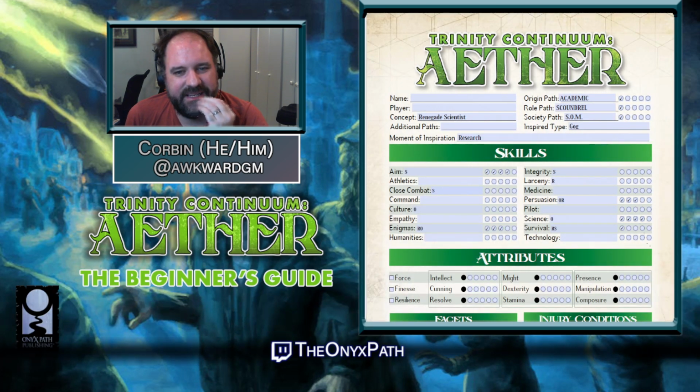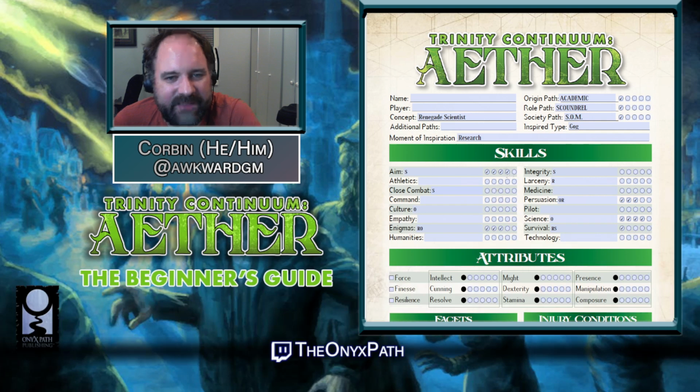Basically, I could bring down one of these traits, like aim. I feel like 3 dots is kind of a good starting off point. Having 1 in survival does feel a little bit weird. You know what? I'm a scientist.